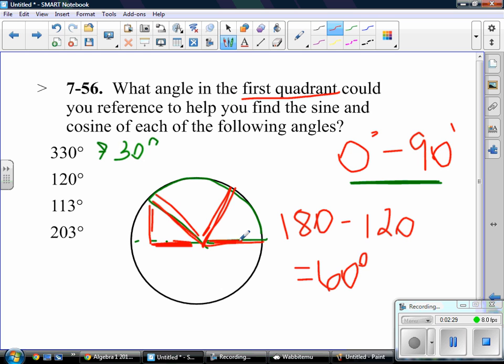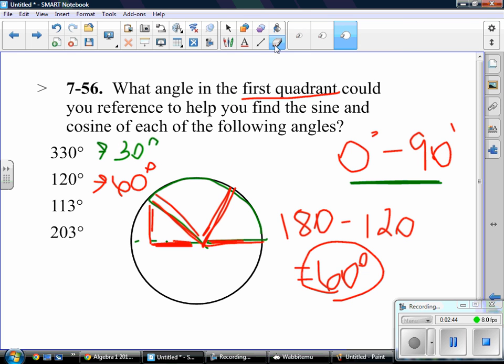At 60 degrees, it's to the right. So if they asked you to find the sine or cosine, you just need to think about it. It's a little bit different than the actual cosine or sine of 60 if you're given 120 degrees. Okay, so I'm using my reference angles here. I'm finding reference angles for these numbers.